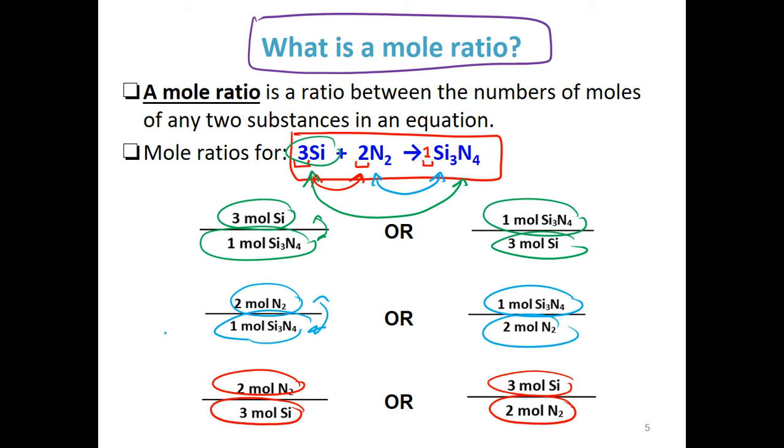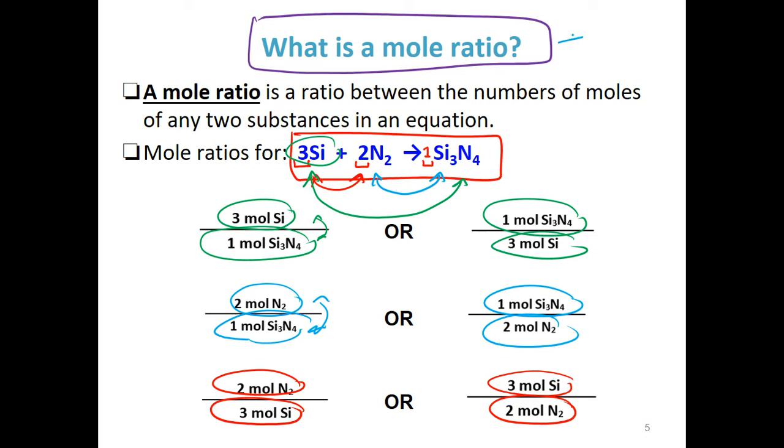Basically you're just taking each of the components and putting one over the other in different permutations. You can have this over this or this over this, and you can have something comparing Si and N2, where N2 is over Si or Si is over N2. Those are all of the mole ratios.